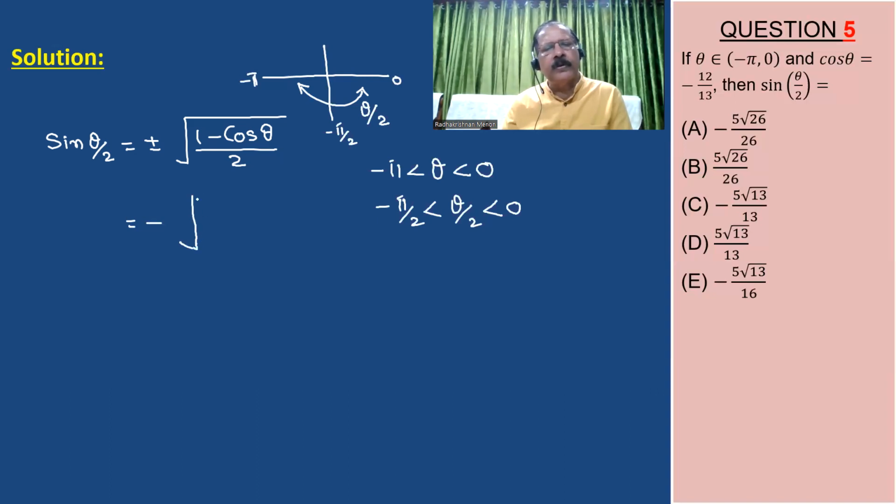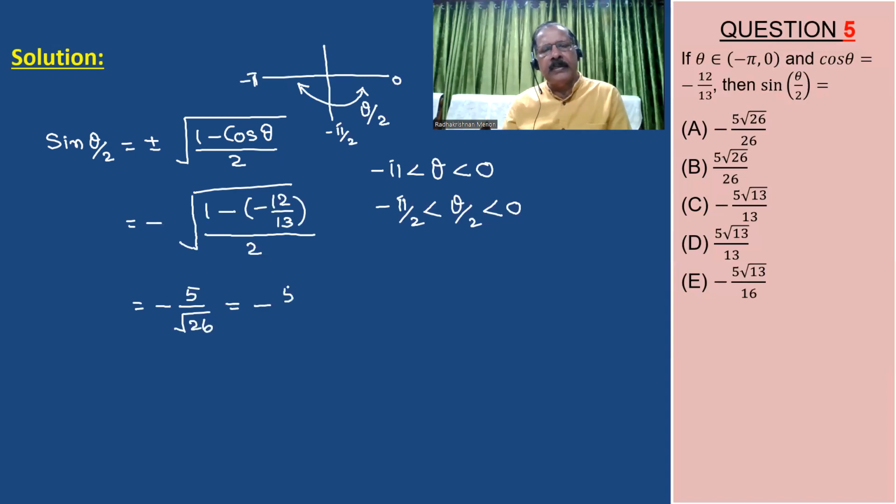Square root of, okay, 1 minus cos theta is given. What is it? Minus 12 by 13. The whole divided by 2. Simplify it, you will be getting minus 5 divided by root 26. Rationalize the denominator.